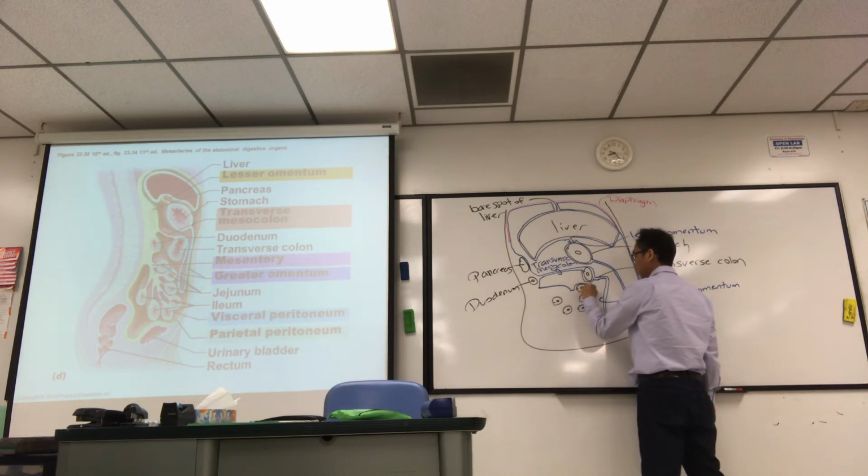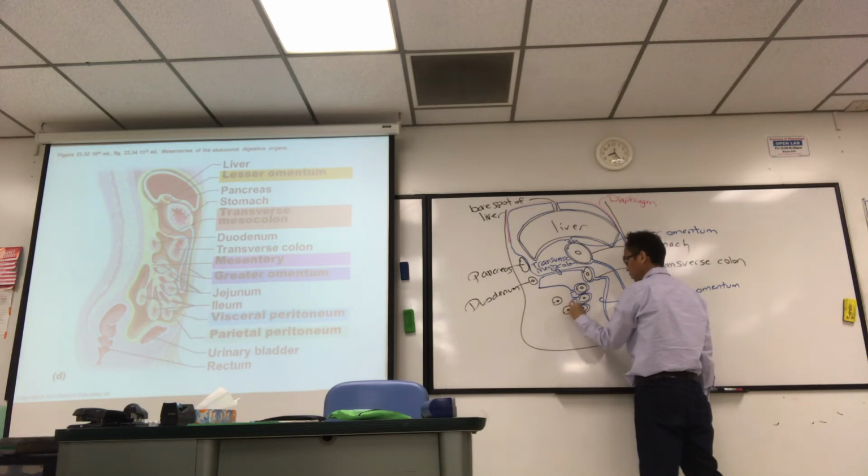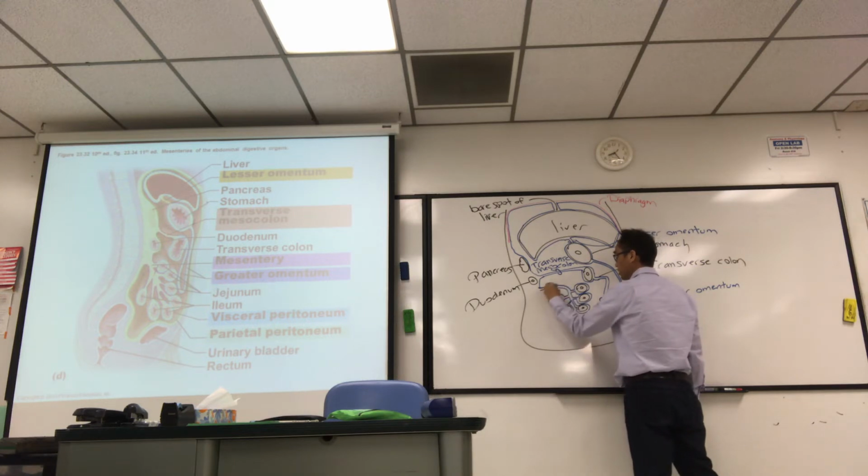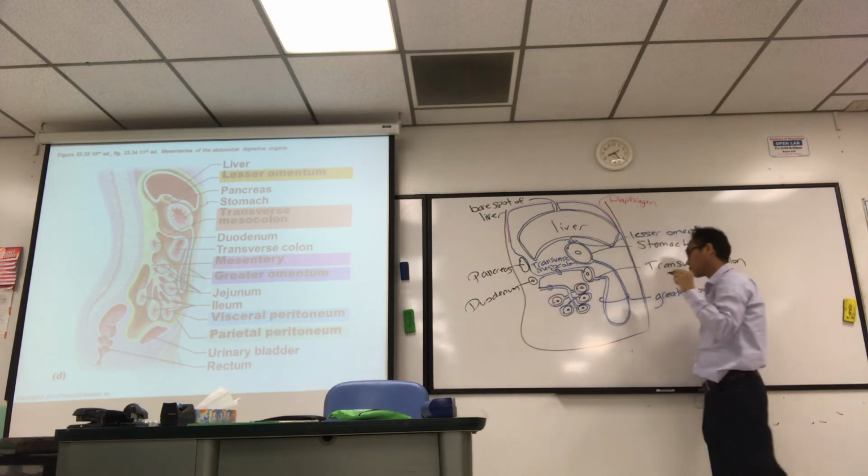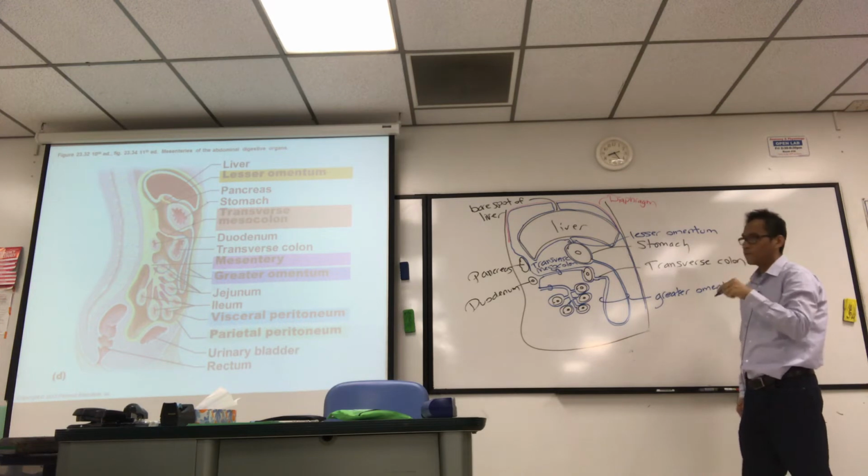And then you have mesentery that wraps all around the small intestines. This mesentery is called the root of the mesentery.